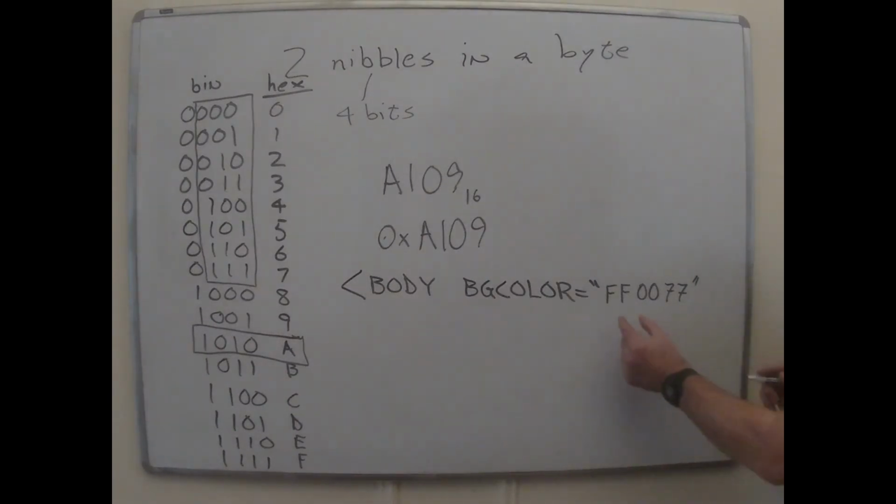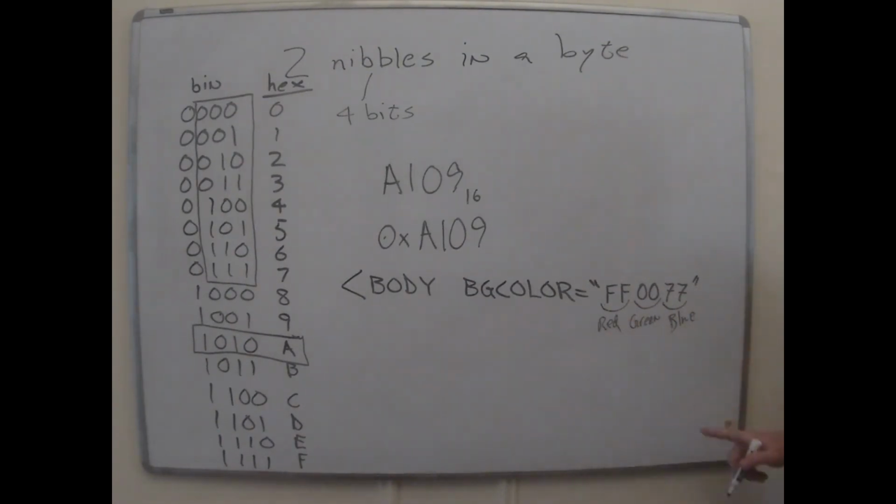You think of them in pairs, so FF is one pair. That first pair is the red content of the color. The next one is the green. And the last one is the blue. RGB. Okay, so that means full on red, no green content at all, and about halfway in blue.